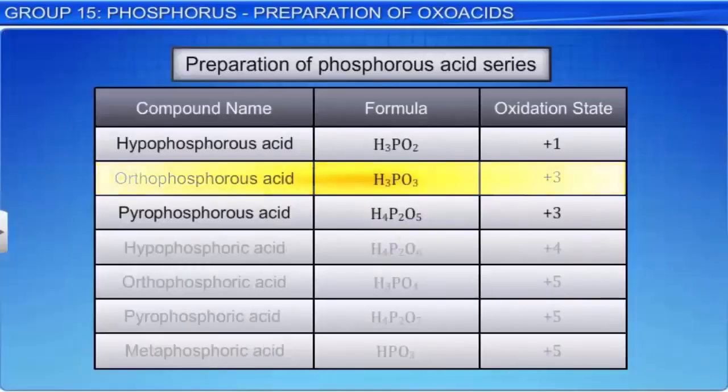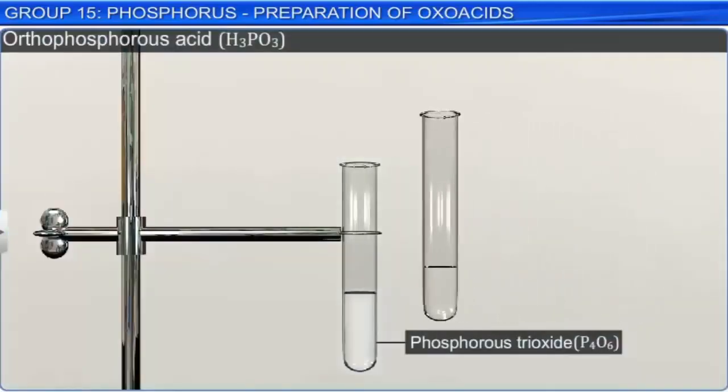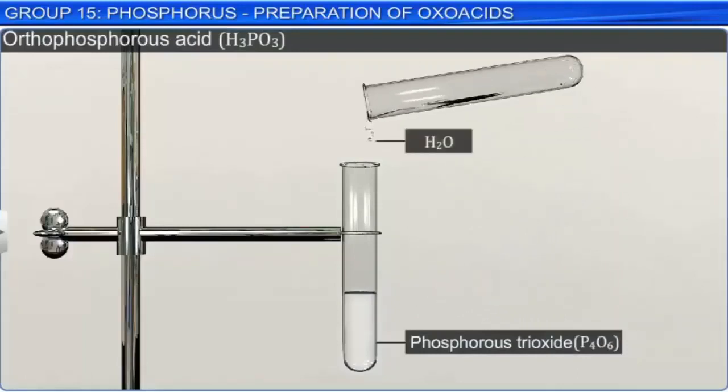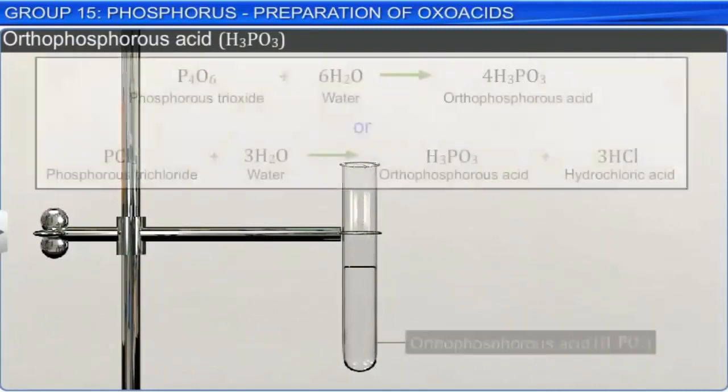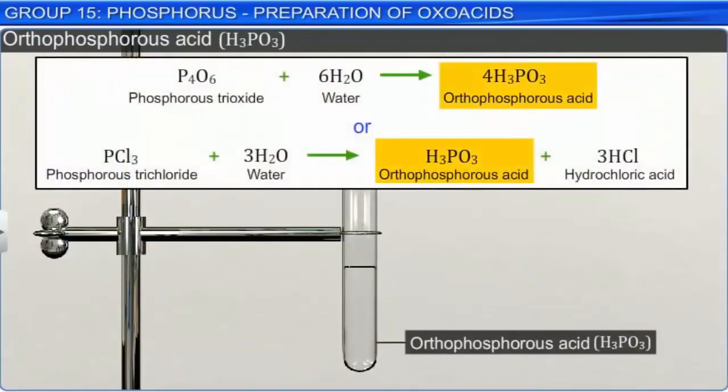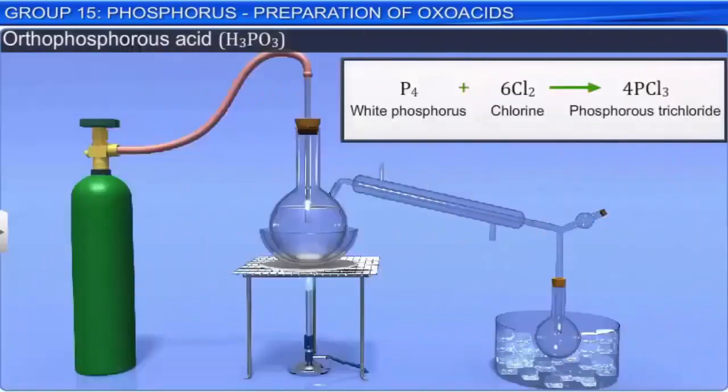The hydrolysis of phosphorus trioxide or phosphorus trichloride forms orthophosphorus acid, phosphonic acid, or simply phosphorus acid. Orthophosphorus acid can be conveniently prepared by passing chlorine gas through water containing molten white phosphorus.